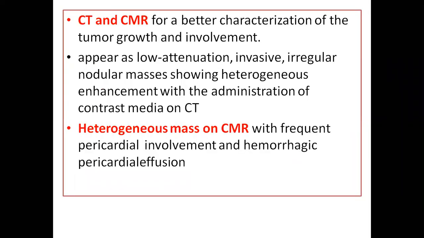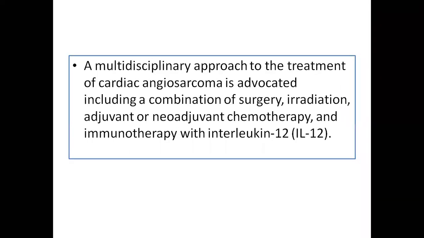CT and MRI give better characterization of tumor growth and involvement, and it appears as a low attenuation, invasive, irregular nodular mass showing heterogeneous enhancement. This is on CT. On MRI, it shows a heterogeneous mass with frequent pericardial involvement and hemorrhagic pericardial effusion.